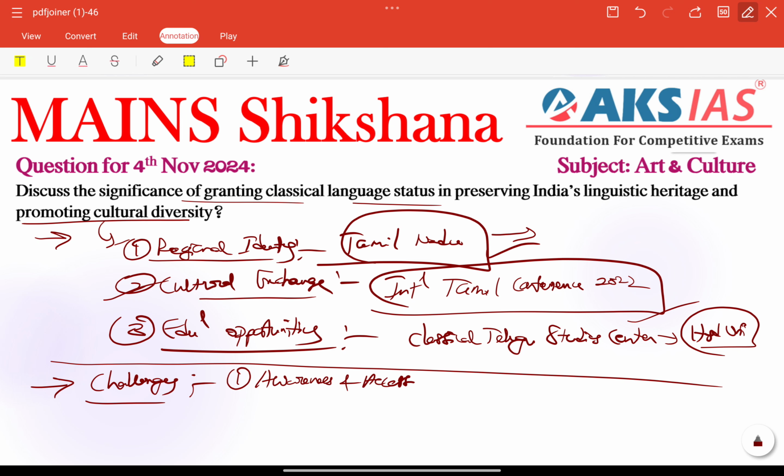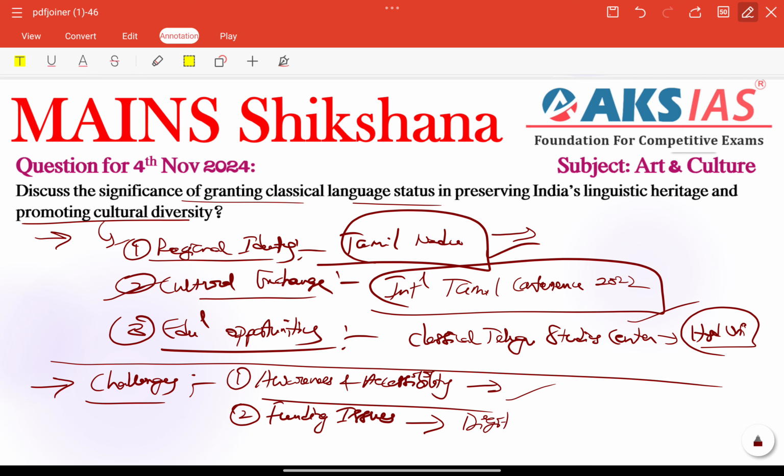Awareness or accessibility, because reports indicate that only a small fraction of the population reads classical language literature, and many people remain unaware of classical languages. That is the first important thing. Otherwise, we have funding issues also.